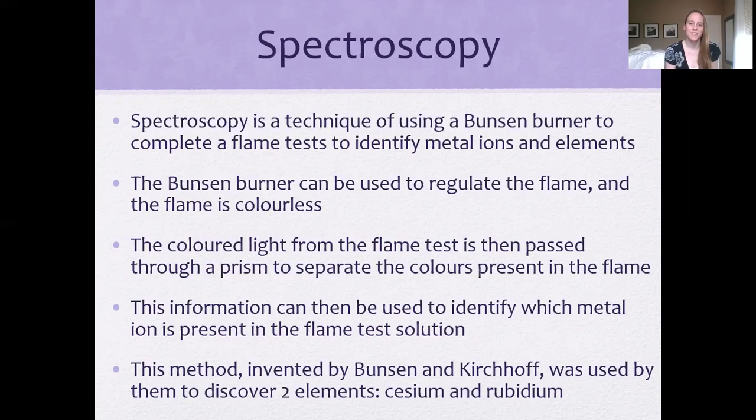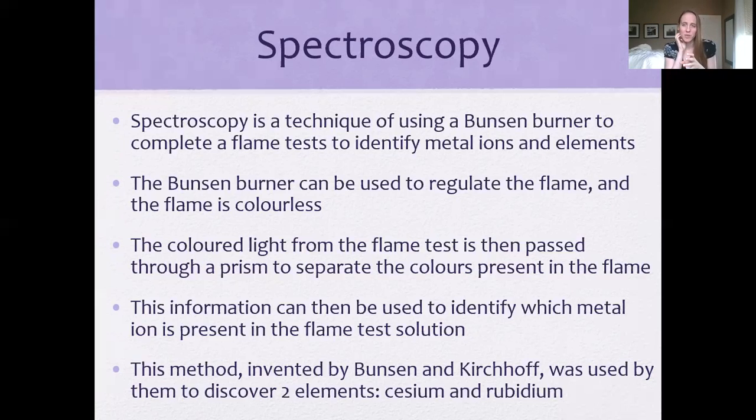The colored light from the flame test is then passed through a prism in order to separate into the different wavelengths that are present in that colored flame. And then you can, once again, just like with a flame test, kind of work backwards to see what ionic compounds are present. So the only difference between a flame test and spectroscopy is that with a flame test, you just get one color out of it, like magenta or something.